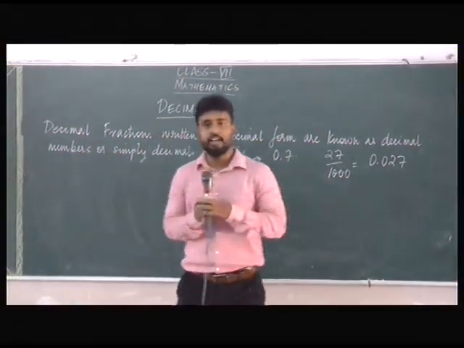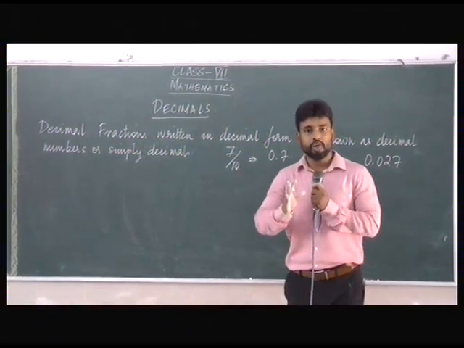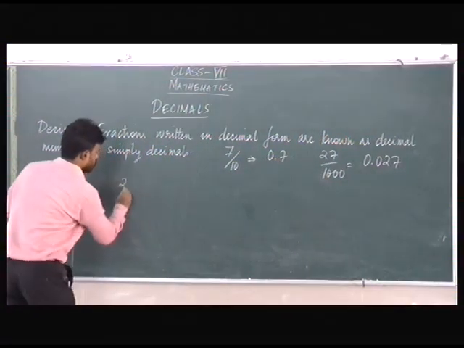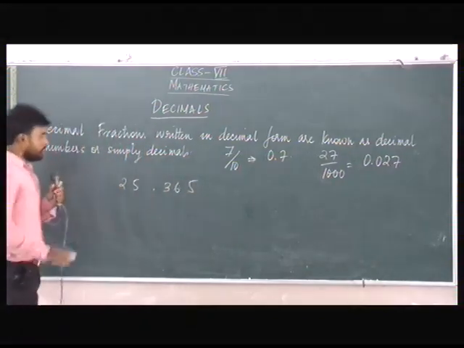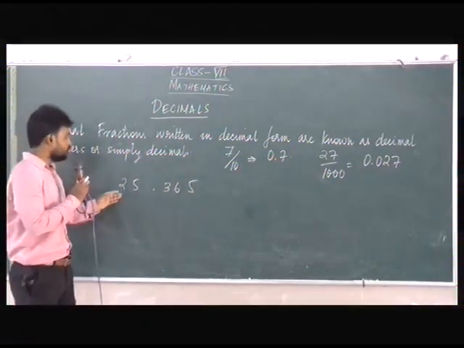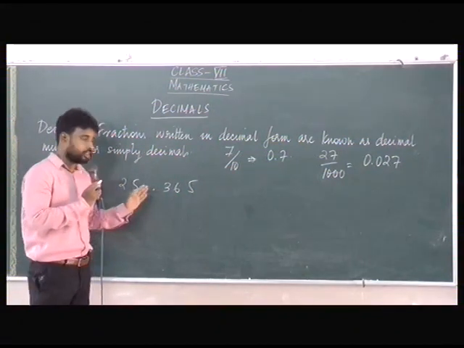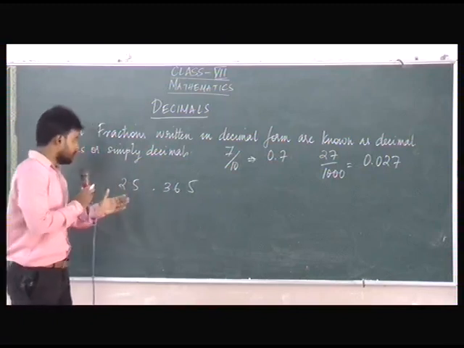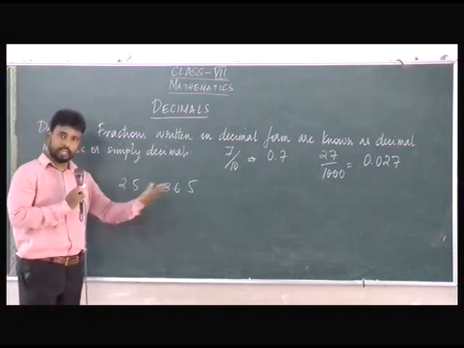Now let us take up a decimal number and understand its various parts. Now here we have a decimal number, 25.365. This is how we read decimals. We read it as 25.365. Here we have a part which is before the decimal, and a part after the decimal.